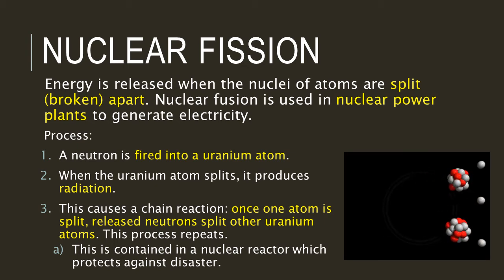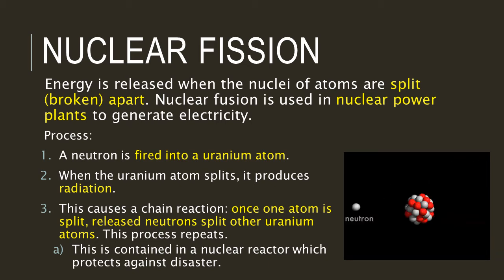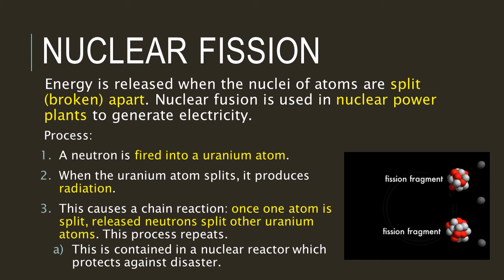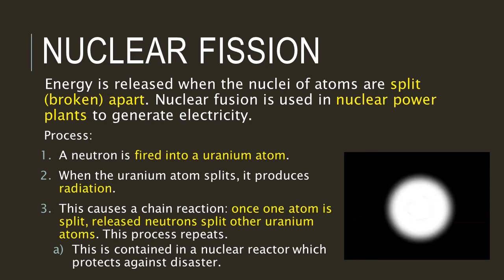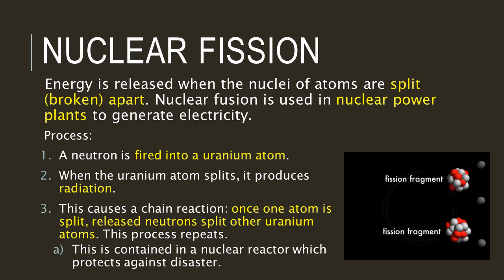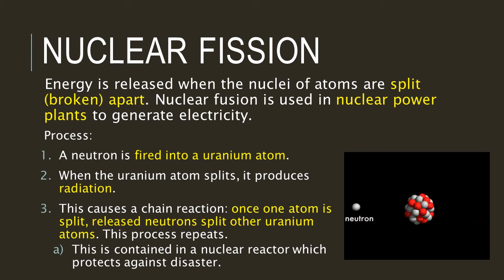So, how does this work? Well, a neutron is fired into a uranium atom, like boom, like a gun. That neutron is being fired into the uranium atom. When the uranium atom splits, it produces radiation. Now, this causes a chain reaction.